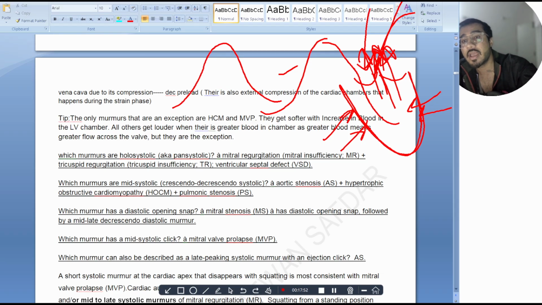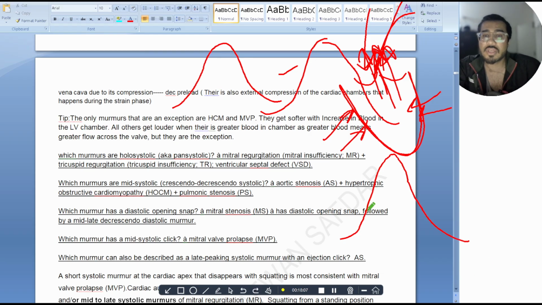That's why, as the contraction of the ventricle proceeds, the sound gets louder, and when the contraction is complete, the backflow kicks in, the flow across the valve gets slower, and the sound goes down like this. So this is termed crescendo, which means increasing, and decrescendo, which means decreasing. So this is how you make sense of the sound.